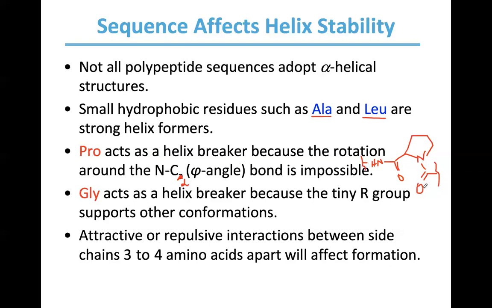What is another factor that will make proline destabilize the alpha helix? Think of hydrogen bonds. Remember, I want each of my amide NH hydrogen bonds to be bonded to the N+4 carbonyl. Can this bond to the N+4 carbonyl?